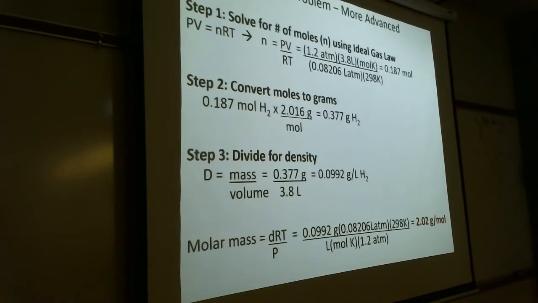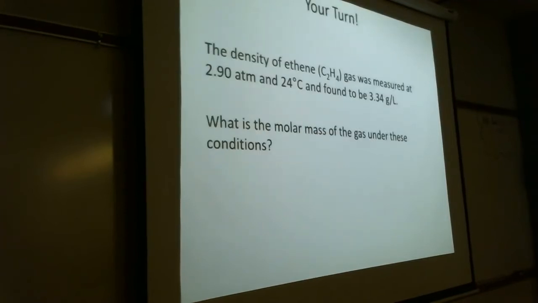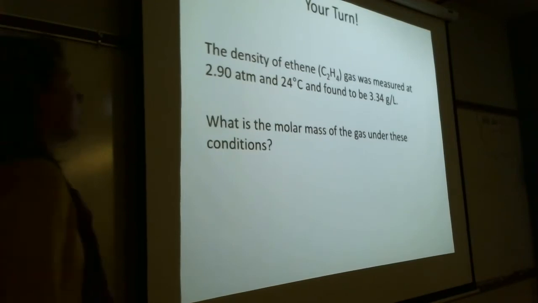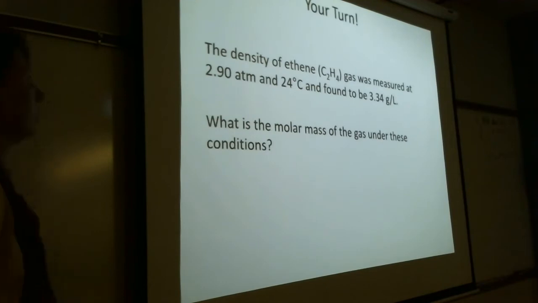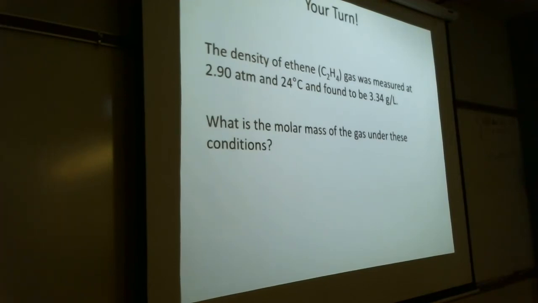All right, good work. This is the last problem you're going to do today, and then I'm going to show you a little video clip. Density of ethene, C2H4, was measured at 2.9 atmospheres, 24 degrees Celsius, found to be 3.34 grams per liter. What's the molar mass under these conditions? Oh wait, no, there might be two more.